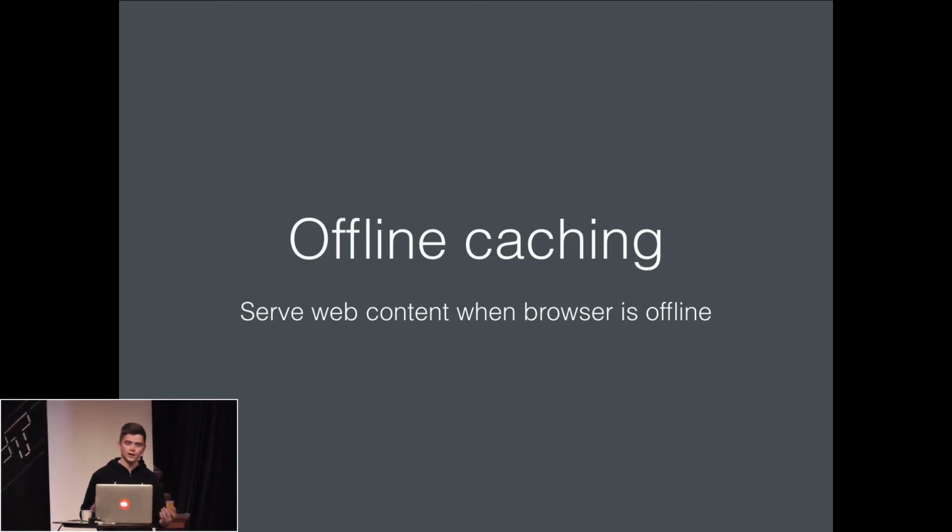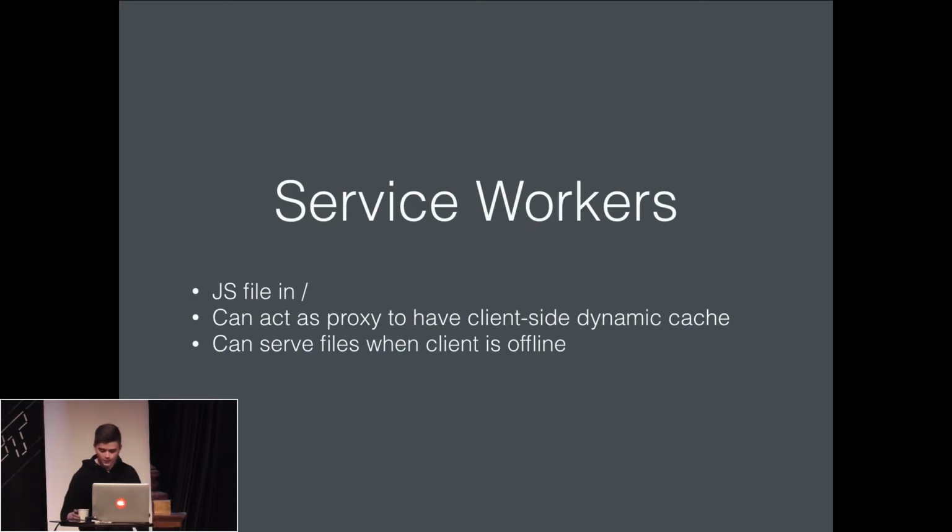And if you simply want this kind of functionality in your application today, you'd probably go on Google and search for offline caching, and you'll find some Stack Overflow threads that say you should use something called service workers.